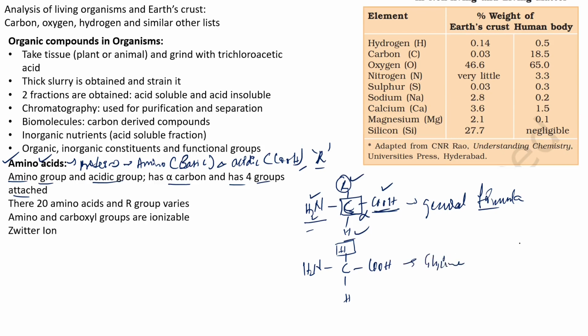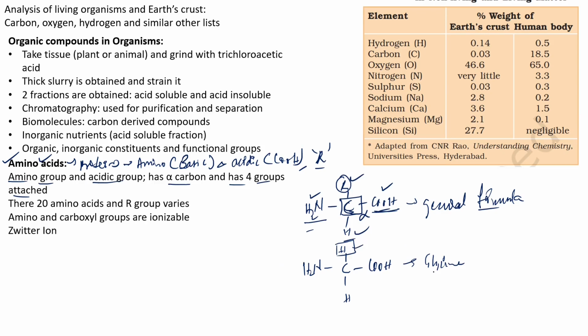Glycine is considered to be one of the simplest amino acids among all the others, the first simplest amino acid that you can learn to study. In the case of glycine, it has a simple hydrogen as the R group.